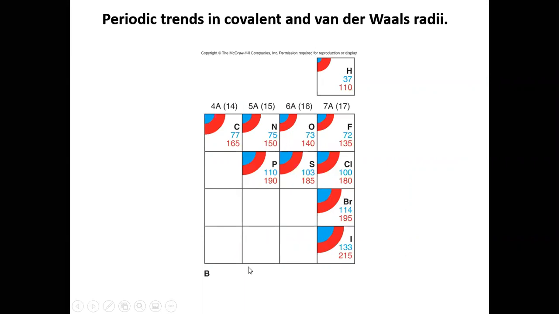Hydrogen is 1.1 angstroms. This is in picometers, actually. So the unit here is picometer. But to get angstrom, you just divide by 10. So hydrogen is 1.1, oxygen is 1.4, but again, the sum is still 2.5.